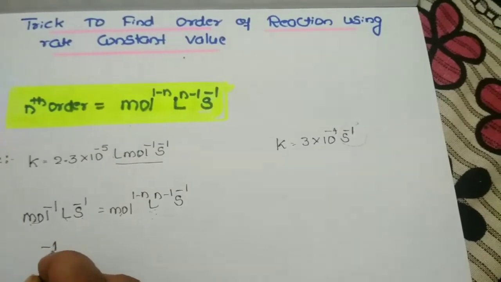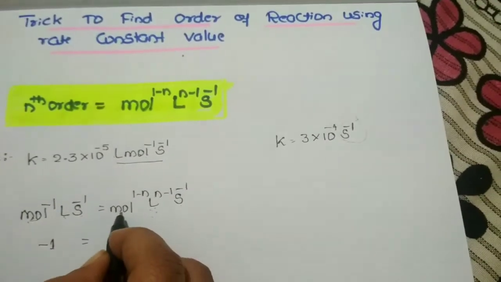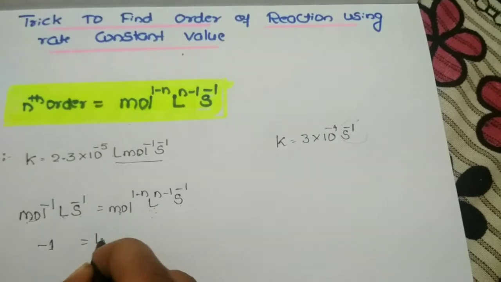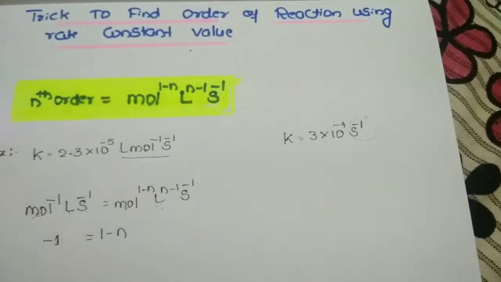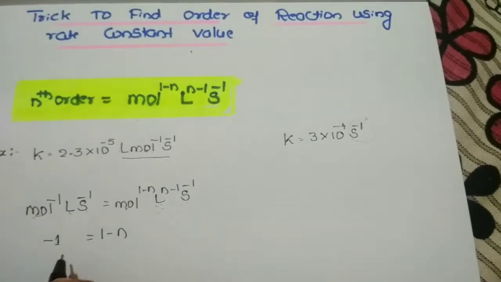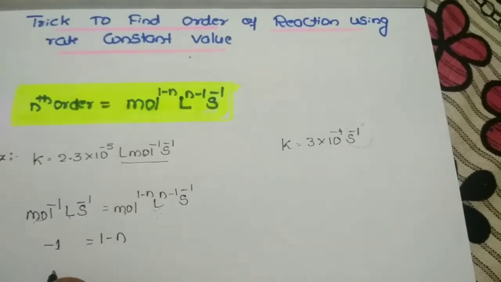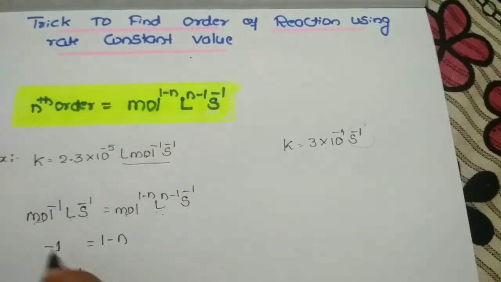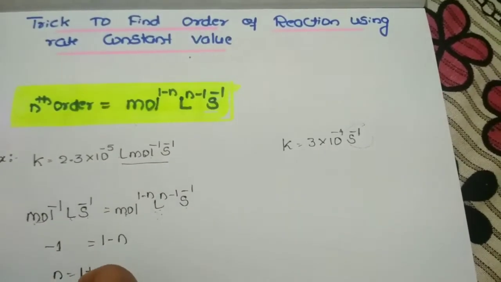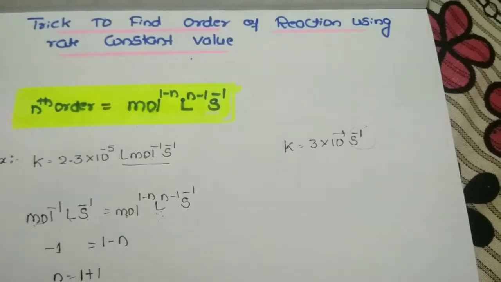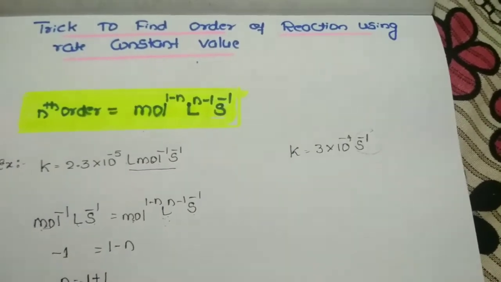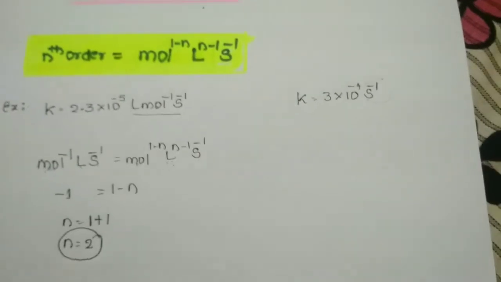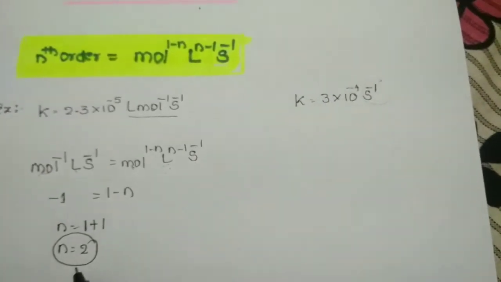So write minus 1 over here, equal to the power 1 minus n. You need to solve it simply. Take n over here: 1 as it is, and when this comes it becomes plus 1, so n equal to 2. Then what is the order of the reaction? It is a second order reaction.